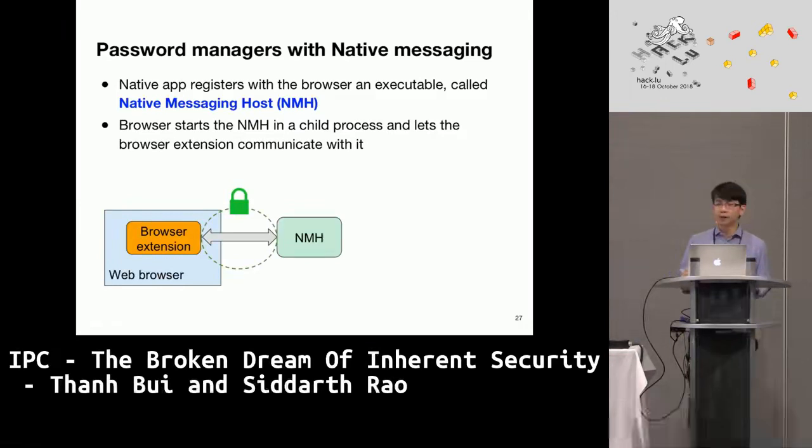The password manager first registers with the browser an executable called a native messaging host, and allows only its browser extension to access this native messaging host. When the browser extension wants to communicate with the native messaging host, the browser will run the native messaging host in a child process and communicate with it using standard input and output. This way, the man-in-the-middle attacker cannot get into the middle and intercept the connection.